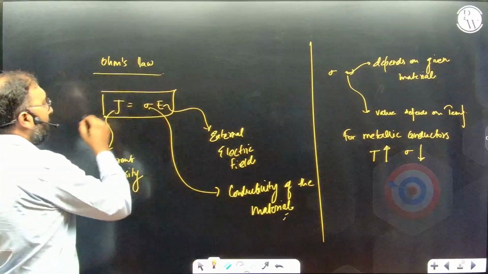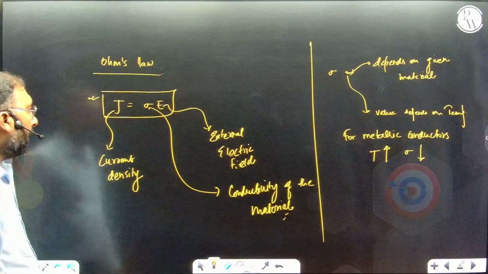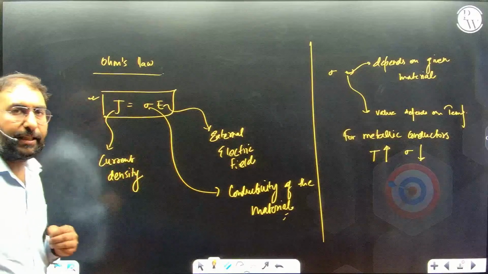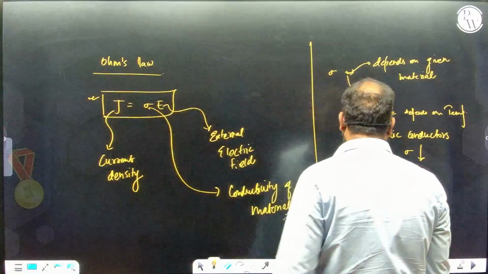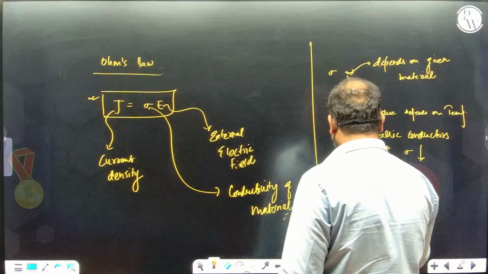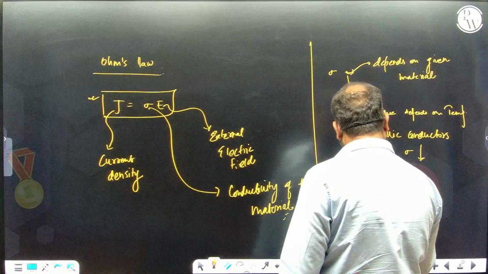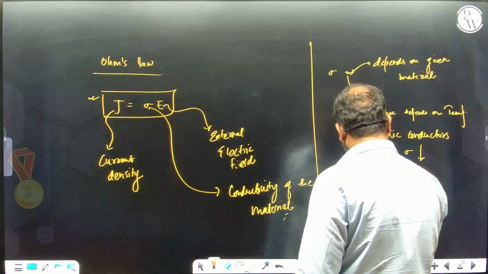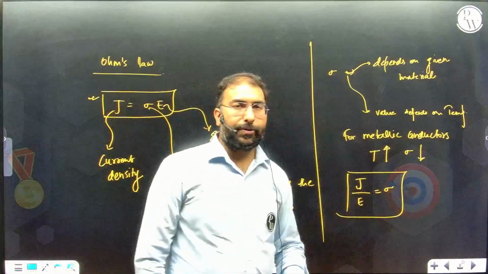So this is your idea for a given conductor. Okay, so if we are not changing the temperature for a given material, then J upon E will be equal to sigma. So it is going to be a constant, right?